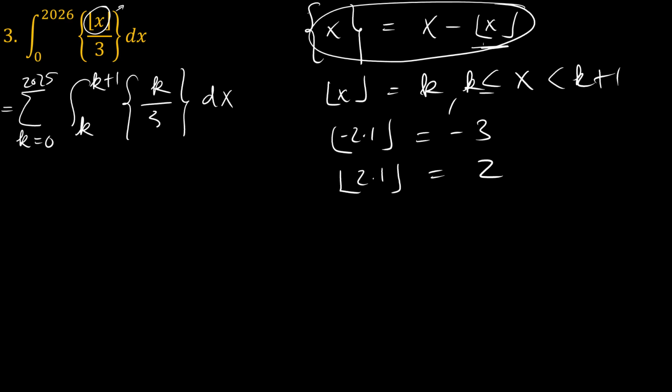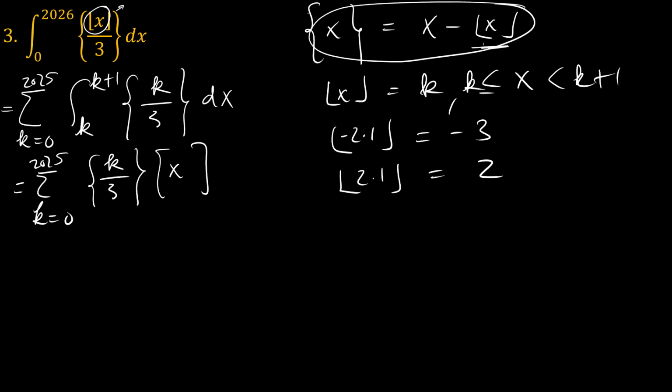Since the fractional part of k over 3 is a constant here, the integral over an interval of length 1 just gives that constant, so this is equal to the sum from k equals 0 to 2025 of the fractional part of k over 3.